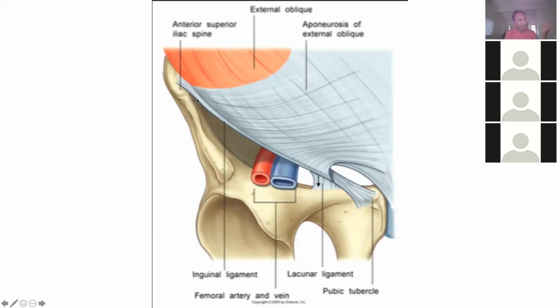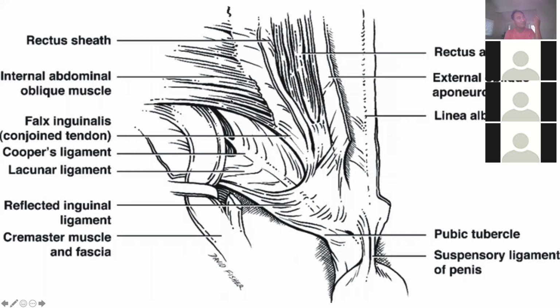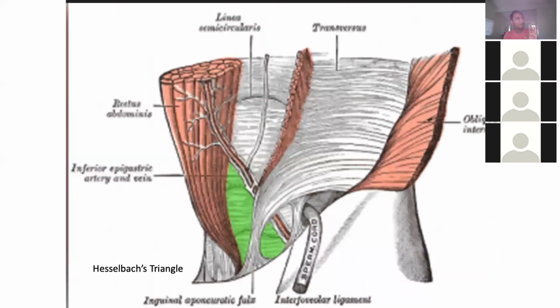If we remove the external oblique, the internal oblique starts from the outer third of the inguinal ligament, arches, and forms the inner aspect of the external oblique. That is what we call the conjoint tendon. Now, Cooper's ligament is the innermost portion here. Let's forget about that and move on.